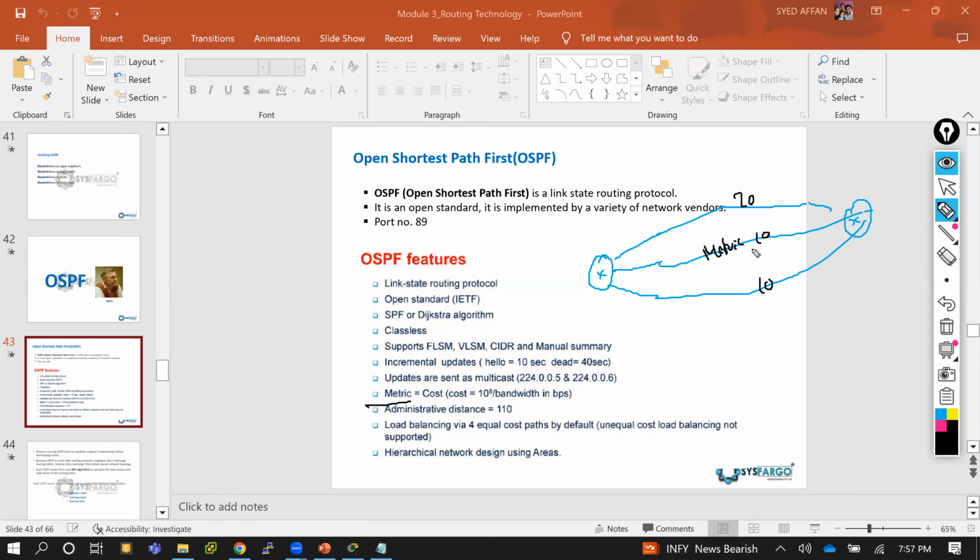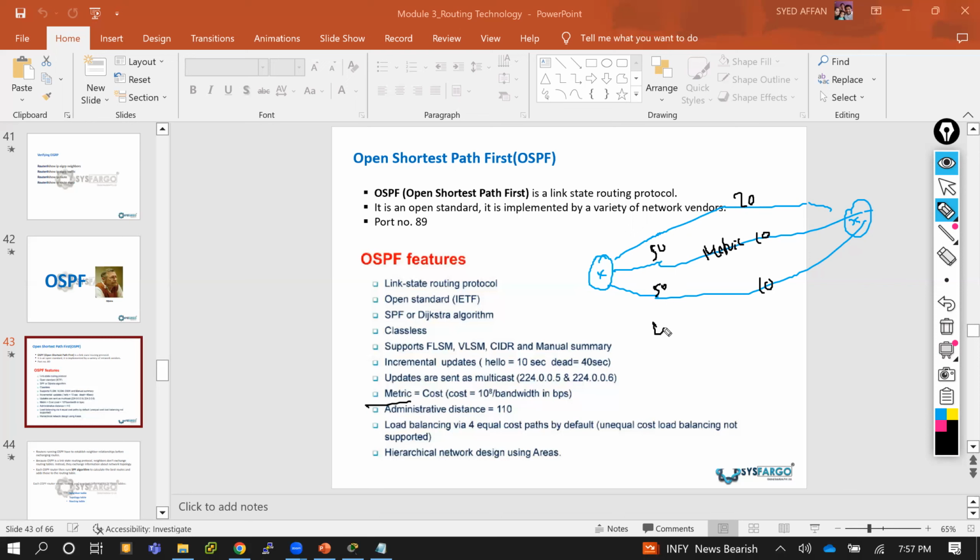Not hop count. My metric is cost. For example, the costs I got are 20, 10, 10. Leave the 20 aside; 10 and 10 we have. If it were a single path it would be selected, but 2 different paths have the same metric. So it does equal cost load balancing. That means 50% of the traffic is sent here and 50% there.